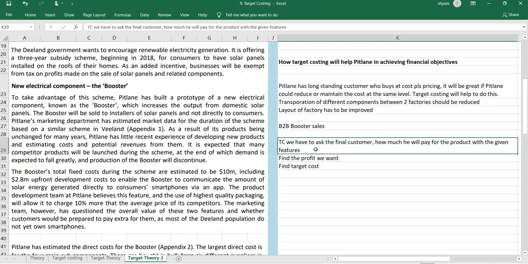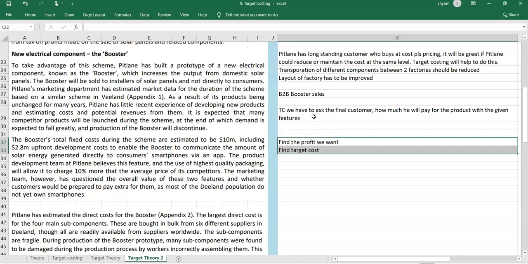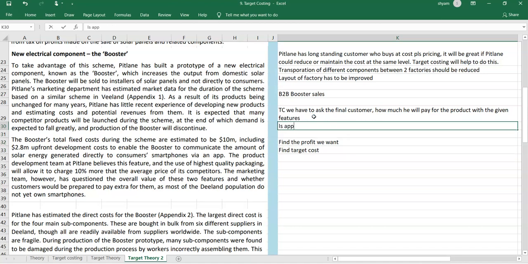So the company has not got this information properly, so they are trying to develop an app and all. So the question can be, is the app required by the customer?